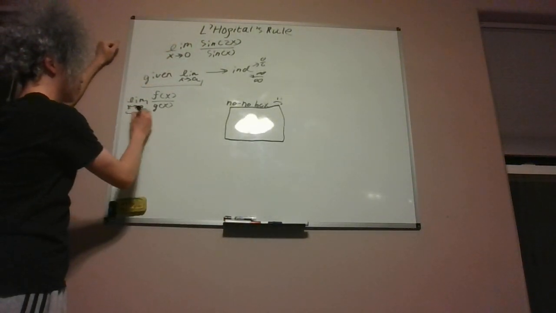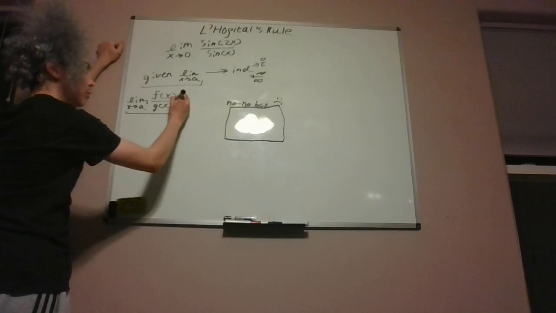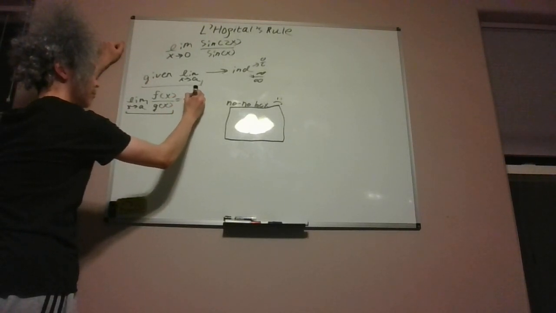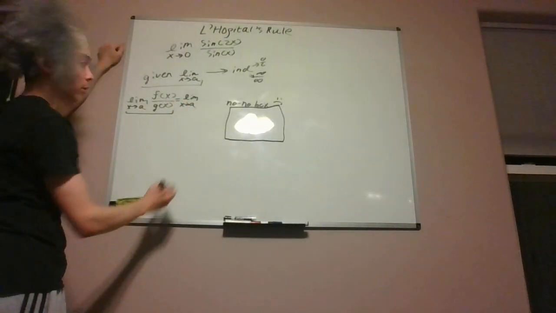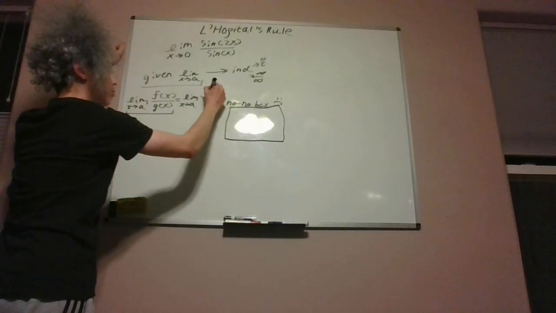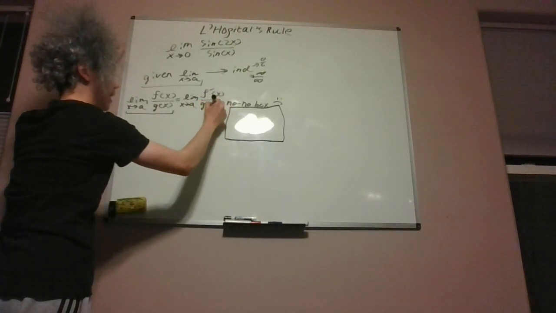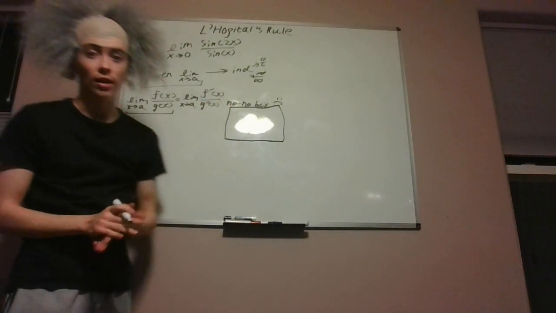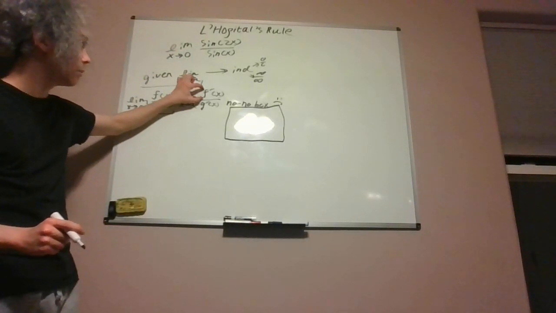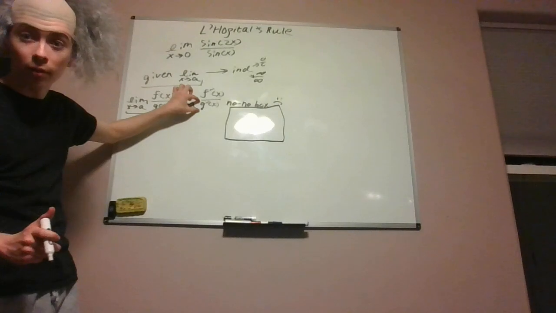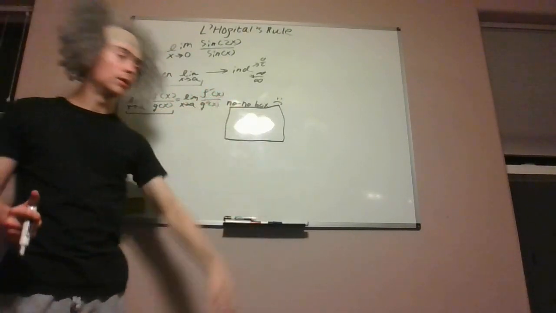So this limit here, as x approaches a, of f of x over g of x is equal to the limit as x approaches a, same input, very important, of f prime of x over g prime of x. Now, your eyes are not deceiving you. It is really that easy. You just take the derivative of the top, and you take the derivative of the bottom, poof, you don't have an indeterminate form anymore, most of the time. Cool.